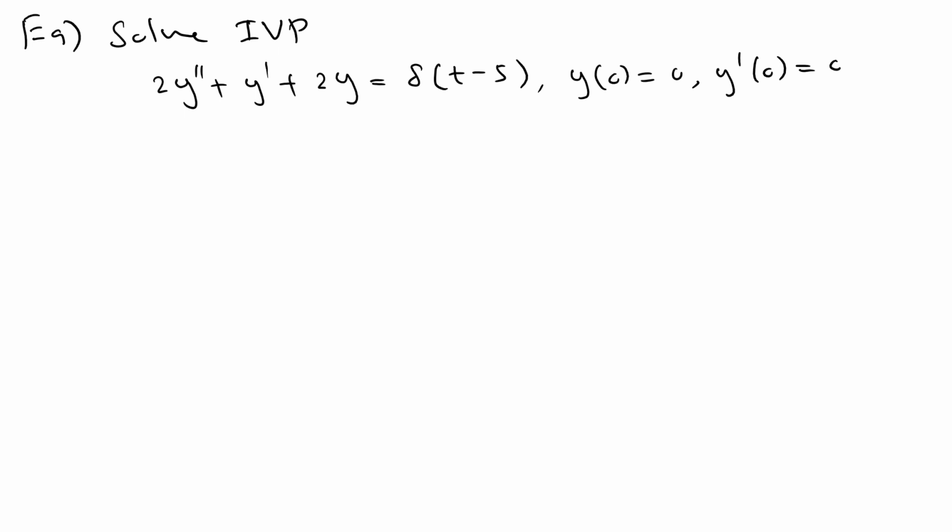What does delta t minus 5 mean? That means you're going to apply the sudden force, or the impulse, that's the f(t) function, at 5. At 5, you're going to apply the sudden force. That's what it means.